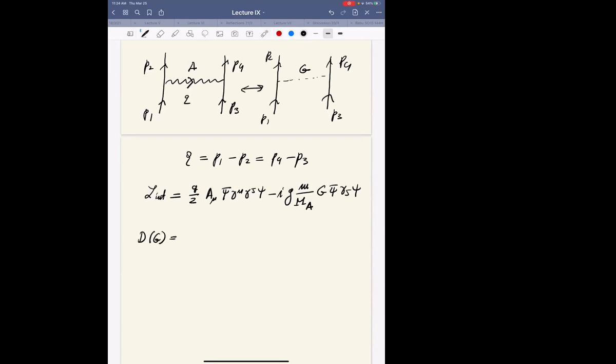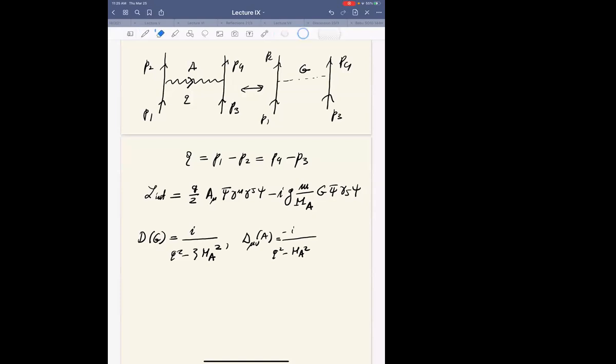D of G is i over q square minus xi M_A square, and delta mu nu of A is, I hope I have space, minus i over q square minus M_A square. The gauge field has a mass M_A.